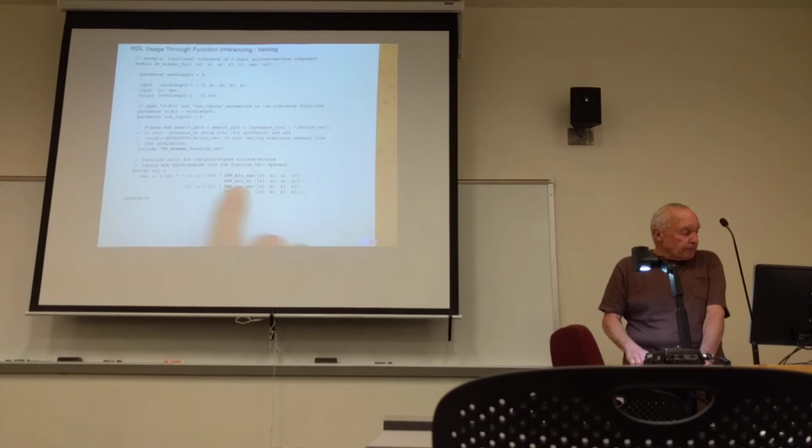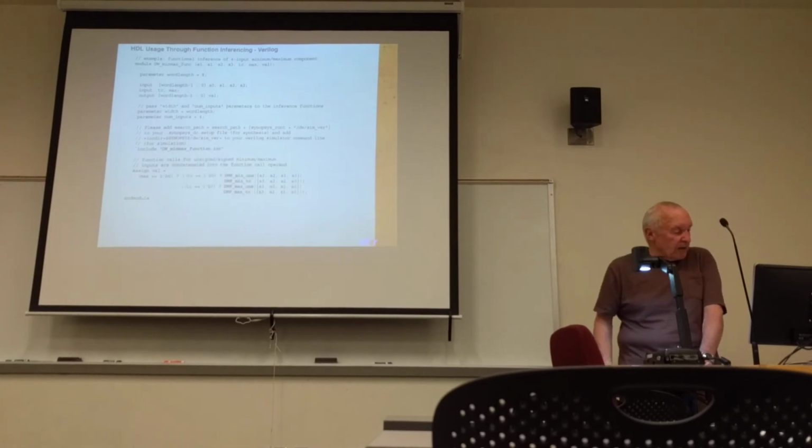And if it's maximum, you'll output this, otherwise you'll output that. Either minimum unsigned or signed, or maximum unsigned or signed. So they do it with a nested if-then-else statement.